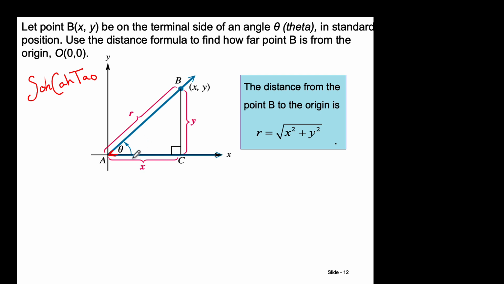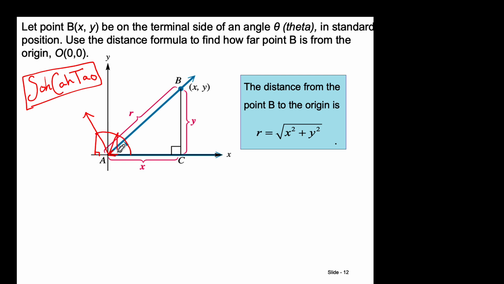We want to study triangles in standard position because that takes away the restriction that it has to be a right triangle with two interior angles being acute. We could now take this theta and make it obtuse. Say its terminal side is here. From there, we could beeline it to the x-axis, creating this right triangle, and then we're going to use what would be called a reference triangle.